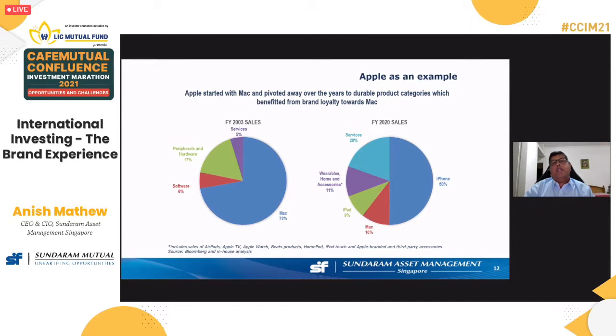But because of their strong brand loyalty, they were able to make a huge impact. For example, in the smartphone market, Apple has about 30% of the global smartphone revenues, but nearly 60% of the total profits globally.